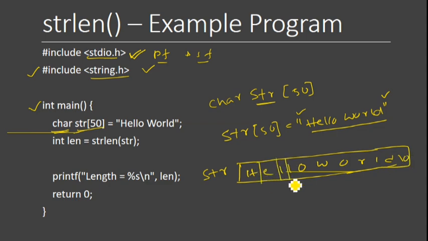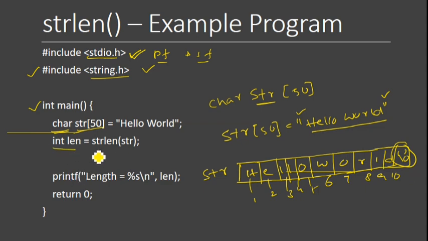So what does string length mean? 1, 2, 3, 4, 5, 6, 7, 8, 9, 10. This backslash 0 is excluded because whenever it reaches backslash 0, the null character, the string length function stops counting the number of characters.